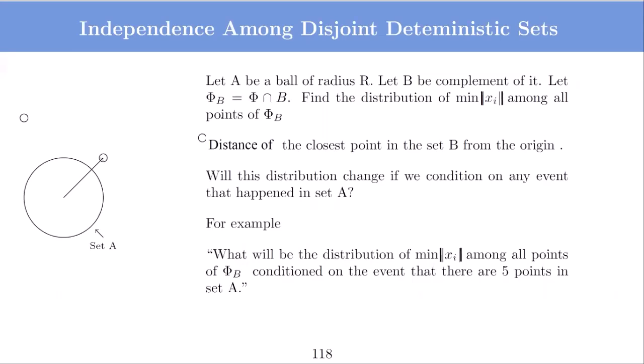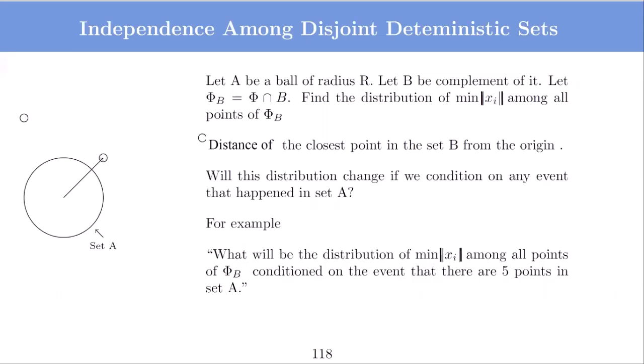So basically we are interested in finding the distance of the closest point in the set B from the origin, and we want to find its distribution.